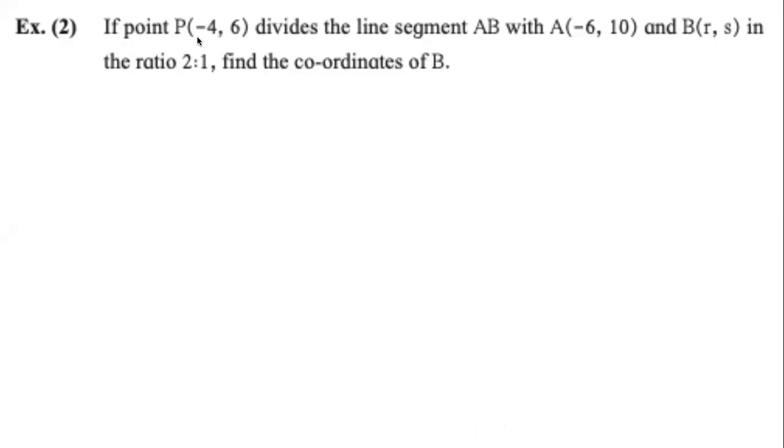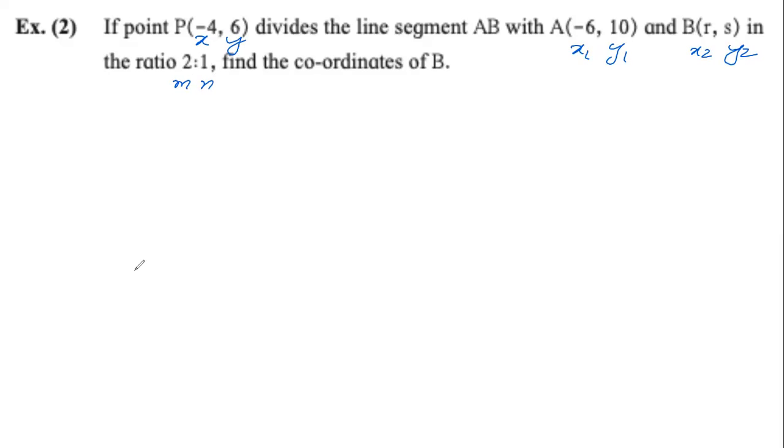So we know that this can be x and this can be y. So x1, y1 are given, but x2, y2 are not given. What is given is the ratio in which they are divided, that is, m and n are given.